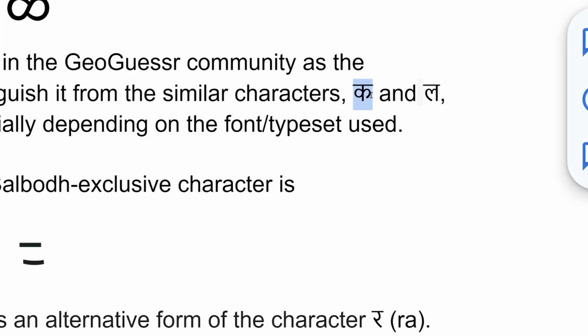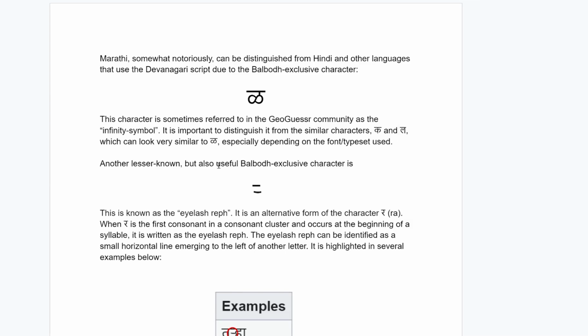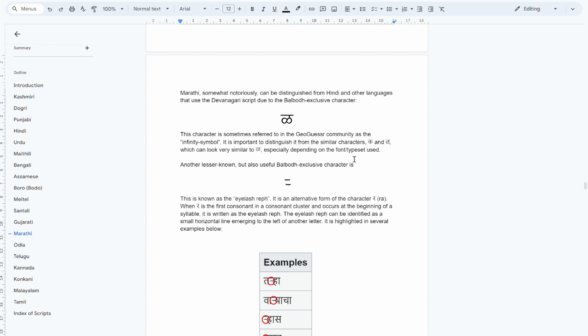It's very important to distinguish it from these two characters, which can look quite similar. This one often is written slightly differently and looks even closer to the infinity, especially depending on the typeset or the font used. Those two characters can look quite similar, so it's important to know how to tell the difference.